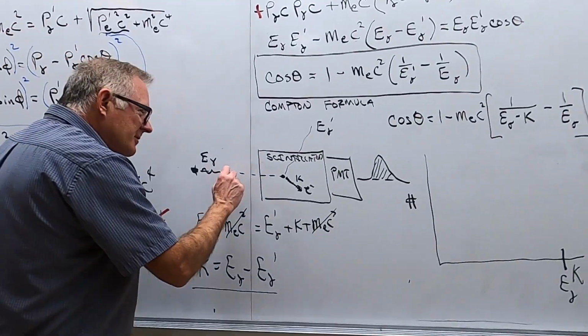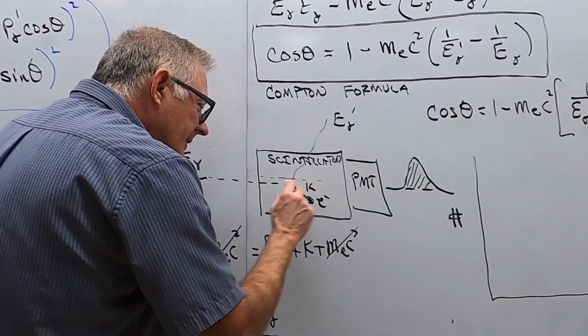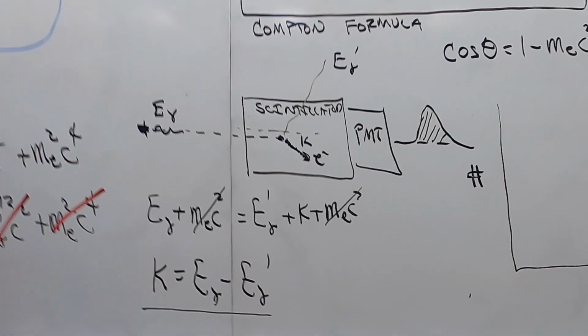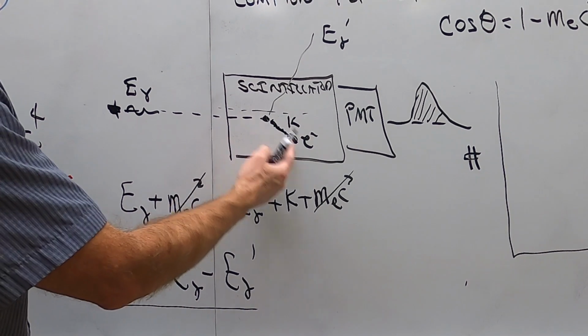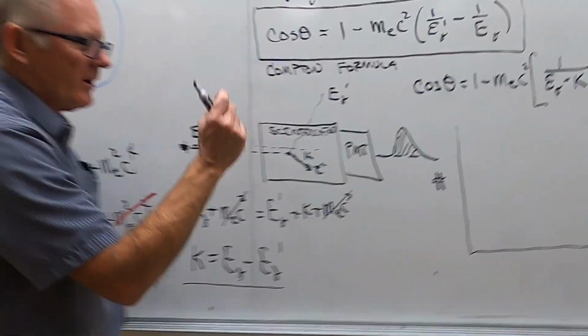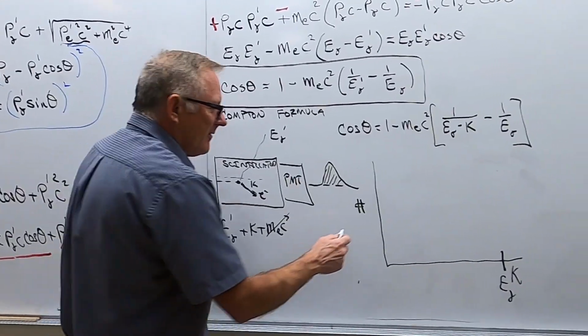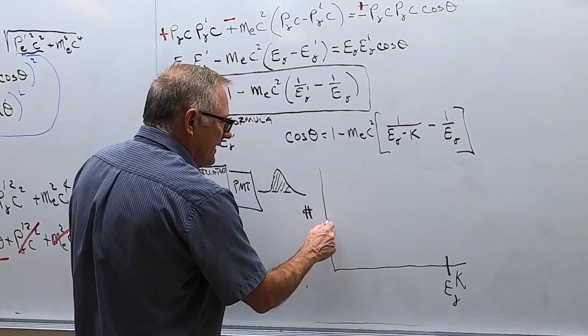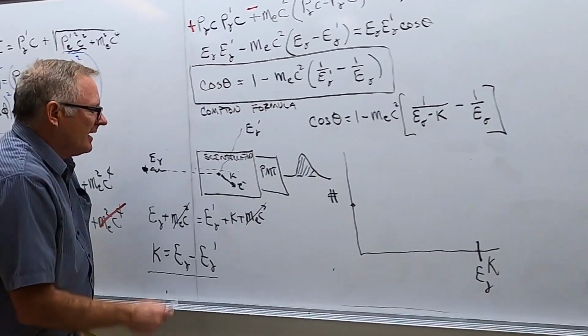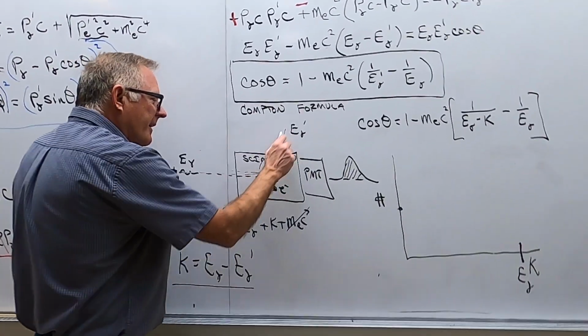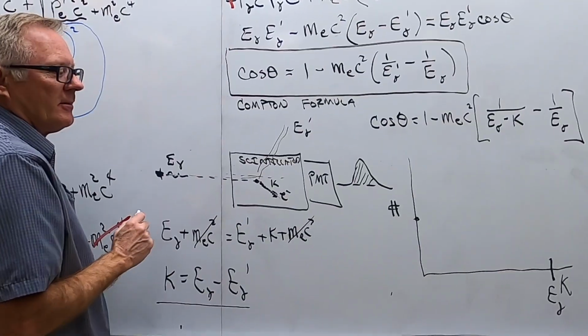As a matter of fact, if I just barely graze it, the electron hardly gets any energy. It's like on a billiard table. If you just barely graze the ball, it doesn't get very much energy, so it's way over here someplace. If you hit it a little more square, it picks up a little bit more energy.